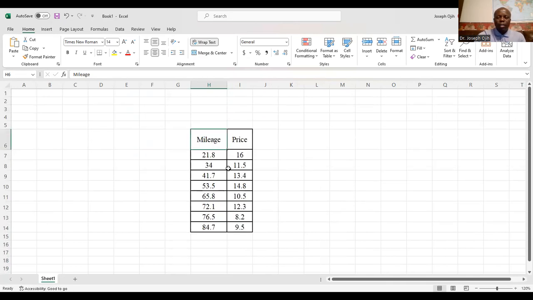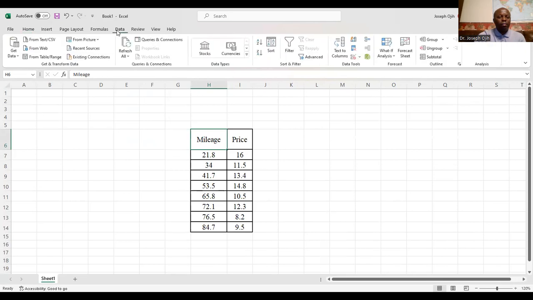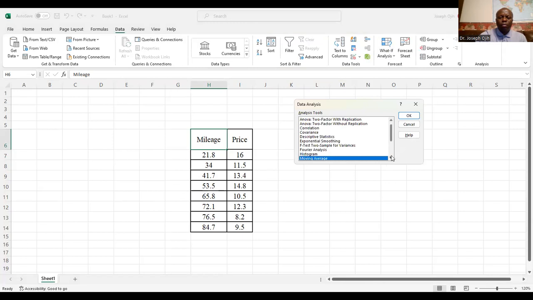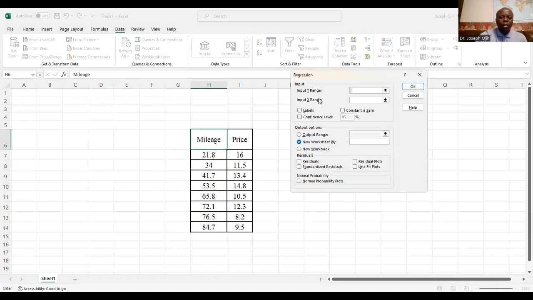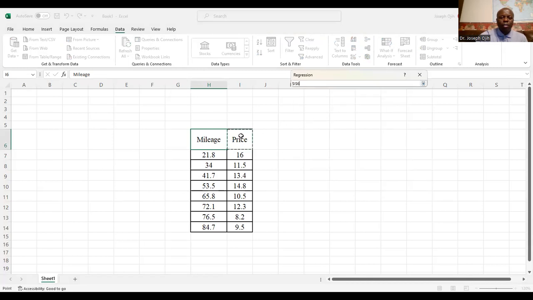So let's get the regression output. Like I explained last time, after you put the data set in, the first thing you do is click on Data and then Data Analysis. Then click on Regression, click OK. Now for the Y range, remember price is Y, so to enter that data, click on this, including the label Price.